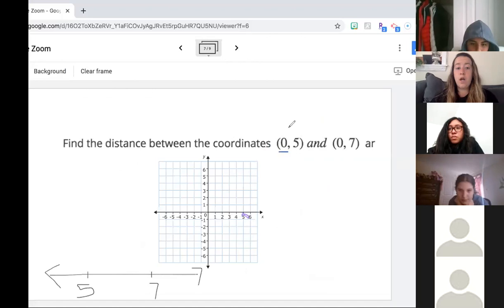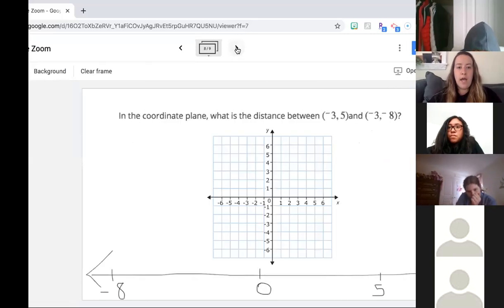Good, so I would look that the zeros are the same there, and then it went from a 5 to a 7. So 0, 5 would be here, and then 0, 7 would be where somebody just drew that. And then that would be 2 jumps or 2 spaces, so it just really would be 2 units away.